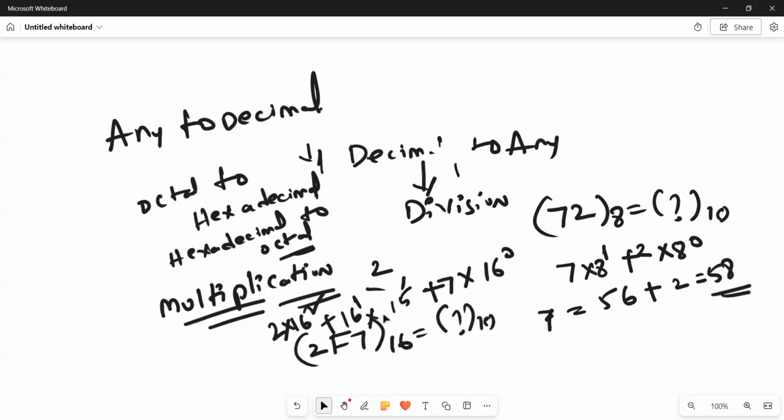First, convert the octal number into its equivalent binary number and then convert the binary number into its equivalent hexadecimal number. This is the best procedure. Similarly, for hexadecimal to octal, first convert the hexadecimal number into its equivalent binary number by using the table, and thereafter convert the binary number into its equivalent octal number.